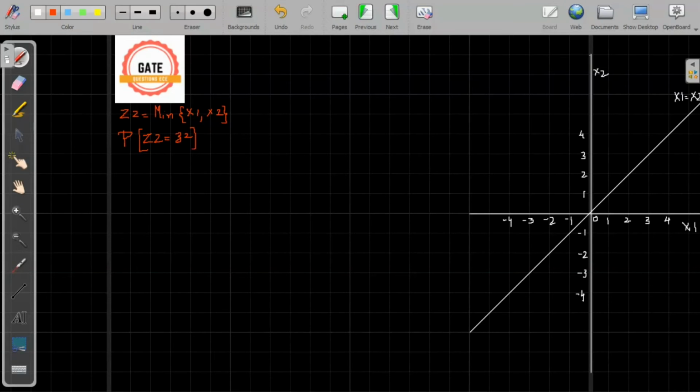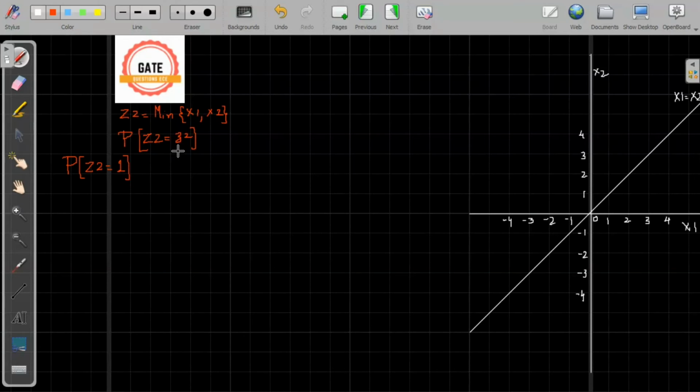Since this small z2 is the sample value of the random variable capital Z2, it can take any value depending upon x1 and x2. For example, let's see what will be the boundary for the case probability Z2 is equal to 1.